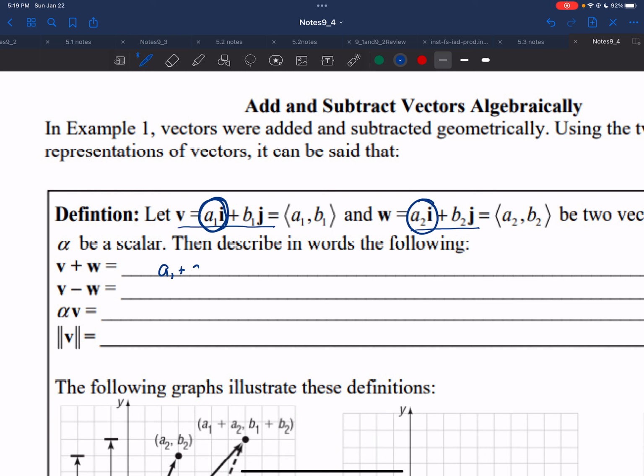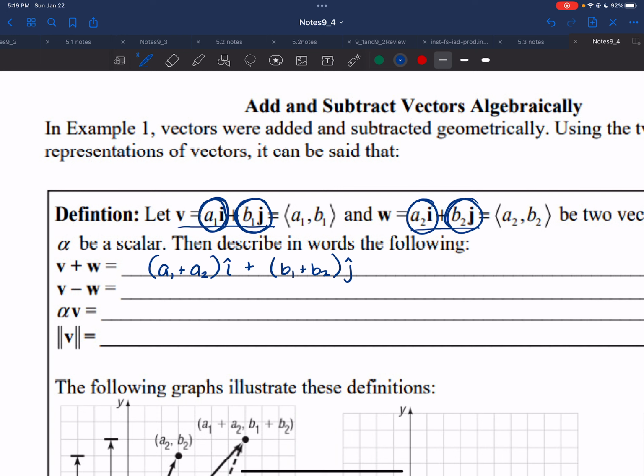So that would look like this: a1 plus a2, I'm going to add those together, and that's going to be my i hat. And then I would add to that my b value, which is my y. So b1 plus b2, and then I'm going to throw my j hat on it.